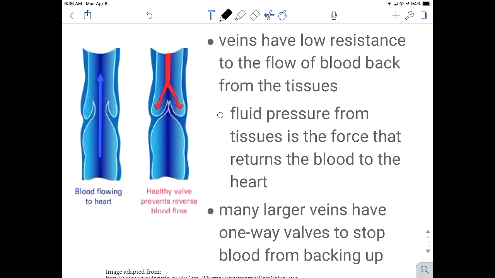So the organs fill with blood every time that the heart pumps. The heart pumps blood forward. That blood gets pushed into the capillaries. The capillaries fill up those tissues. Those tissues can only hold so much blood, and so then that blood gets pushed forward into the veins, and then the veins trap it because they have these valves.